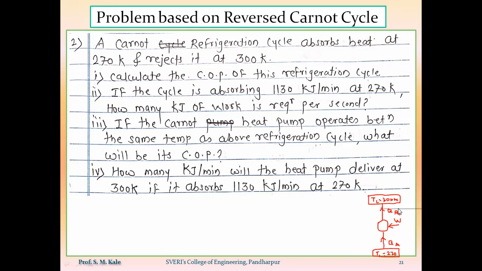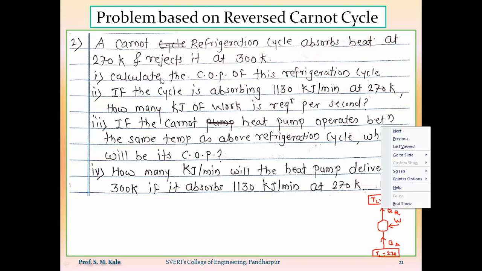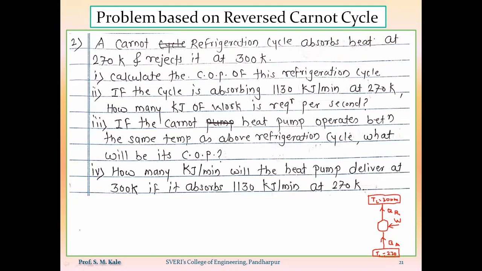That means we have drawn the correct schematic diagram. Calculate the COP of this refrigeration cycle. How to calculate the COP? The COP of a refrigeration cycle is T1 divided by T2 minus T1. Both the values are known to you, so put those values: T1 as 270 and T2 as 300.